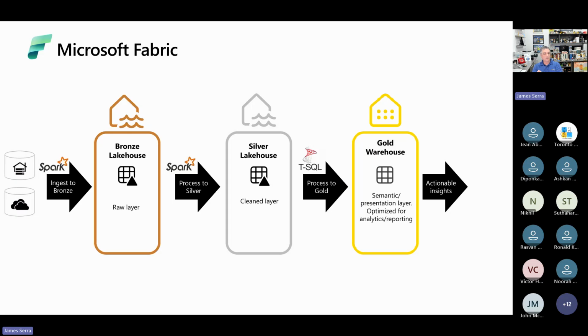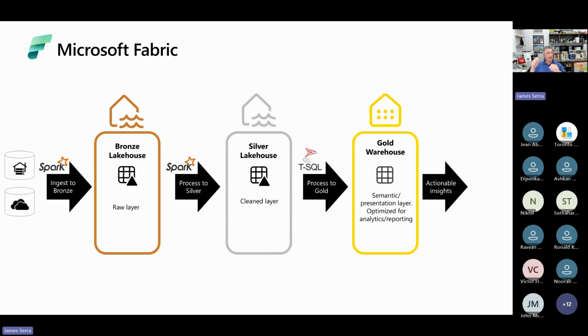They will also use a Lakehouse for the clean layer, because if you're going to clean the data in Spark, you have to use a Lakehouse. However, in the gold layer, often they will use a warehouse as a presentation layer because it's more relational, data warehouse like, and easier for end users to use the data.